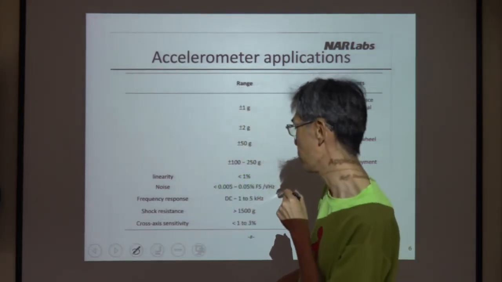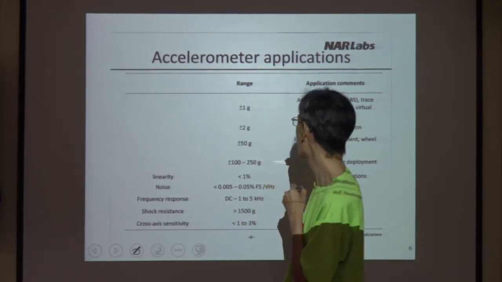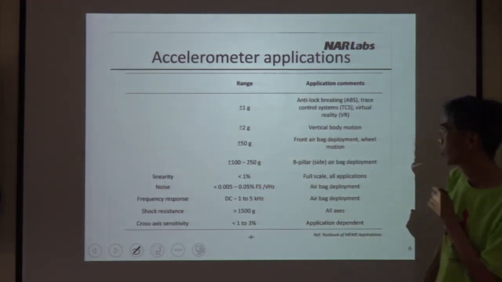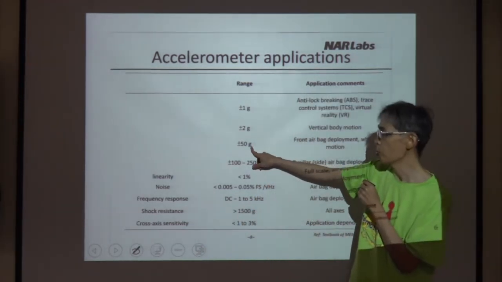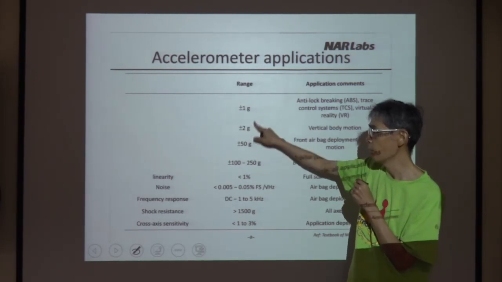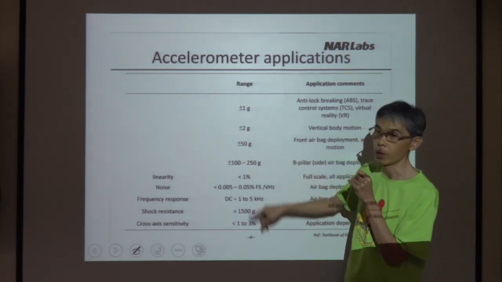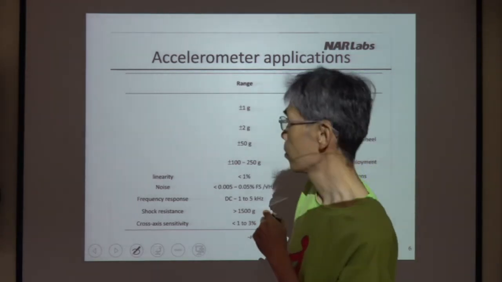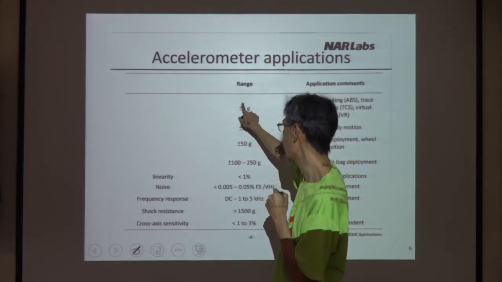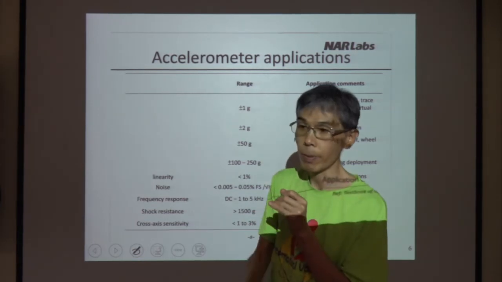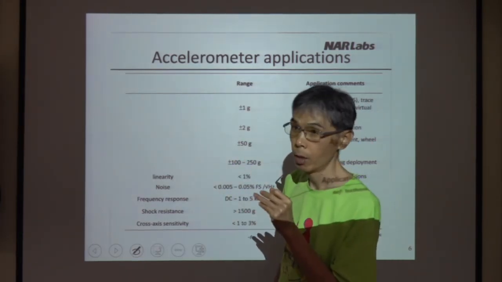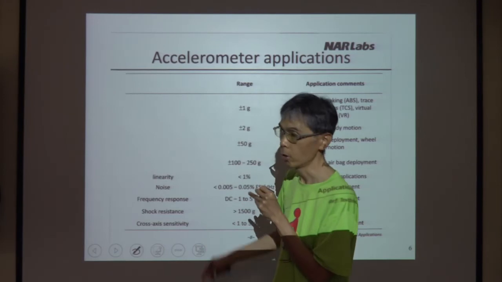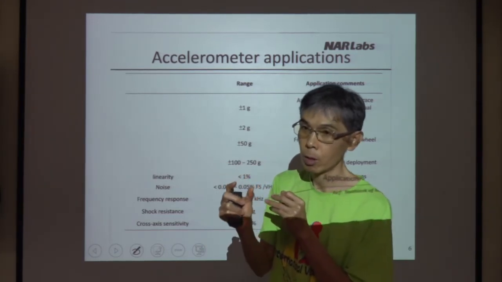So this is shock resistance. And this is dynamic range. Different sensors have different dynamic ranges you can measure. If the range is small, maybe you have high resolution. But if the range is large, you have low resolution.